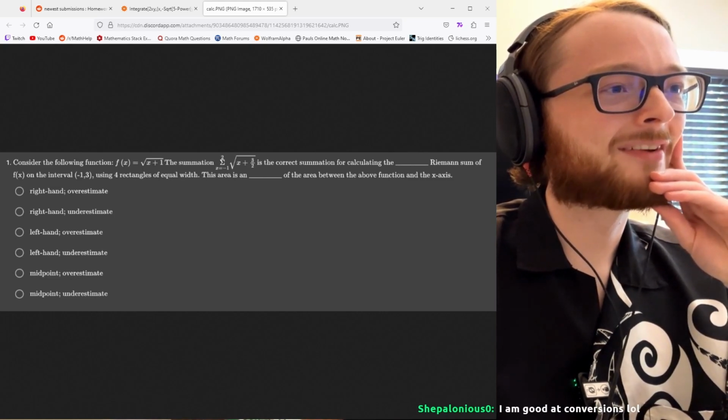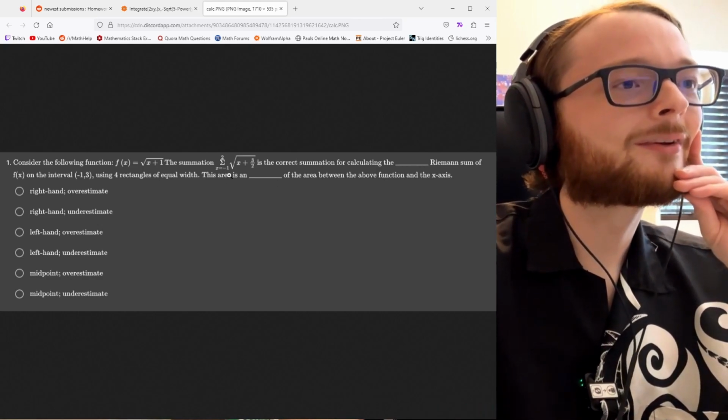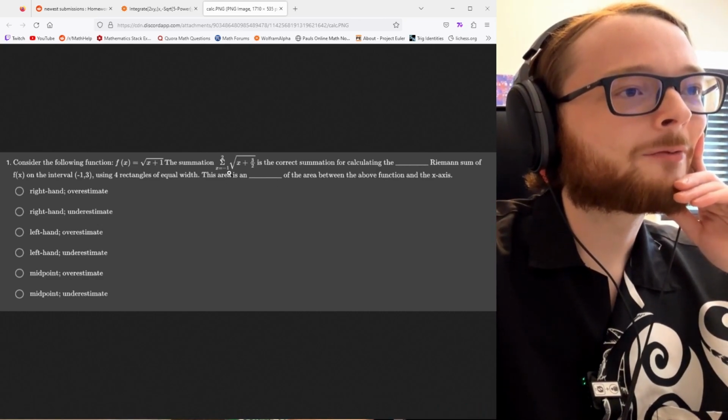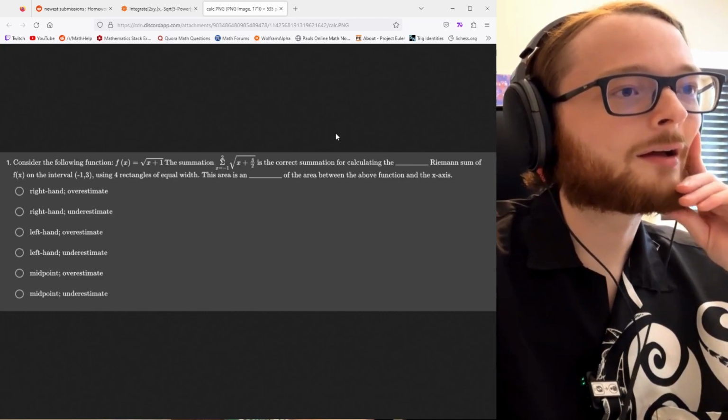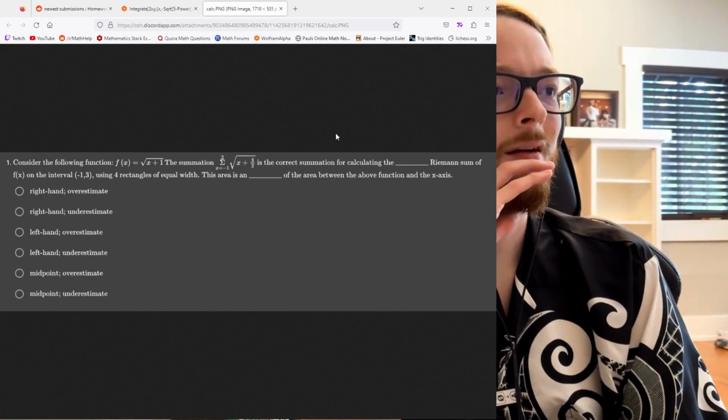Consider the following function: f of x equals root x plus 1. The summation is, ooh, from x equals negative 1 up to 2 of root x plus 3 over 2. Okay.